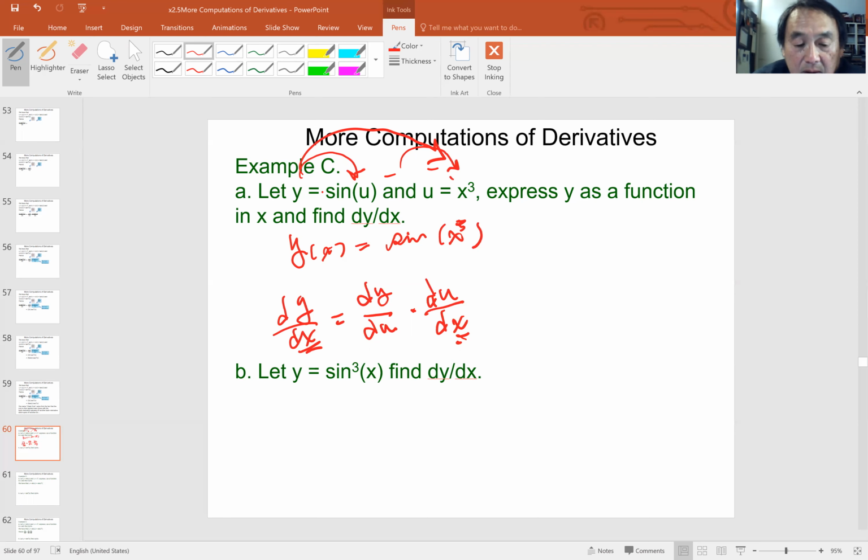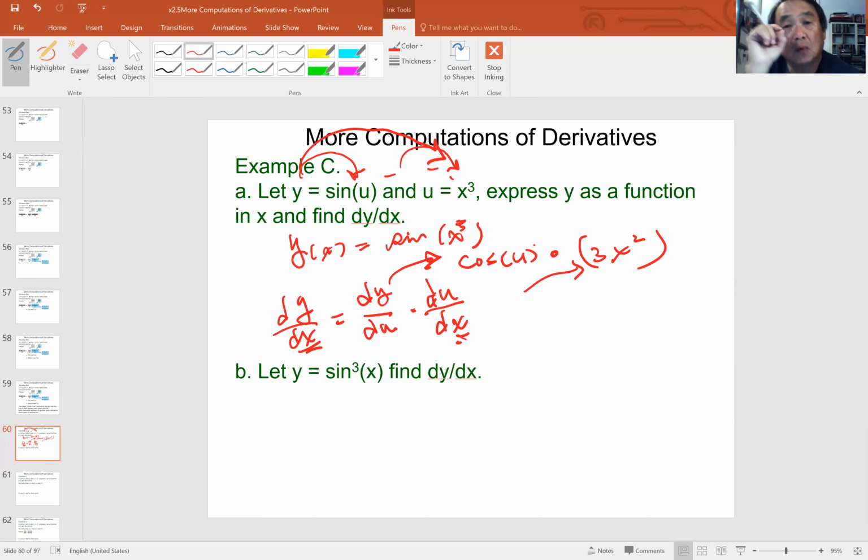Now I look at dy du, that's cosine of u, and then du dx is 3x squared, and these 2 will multiply. That's what the chain rule is saying. Multiply these 2 derivatives. That's the derivative of the composition.